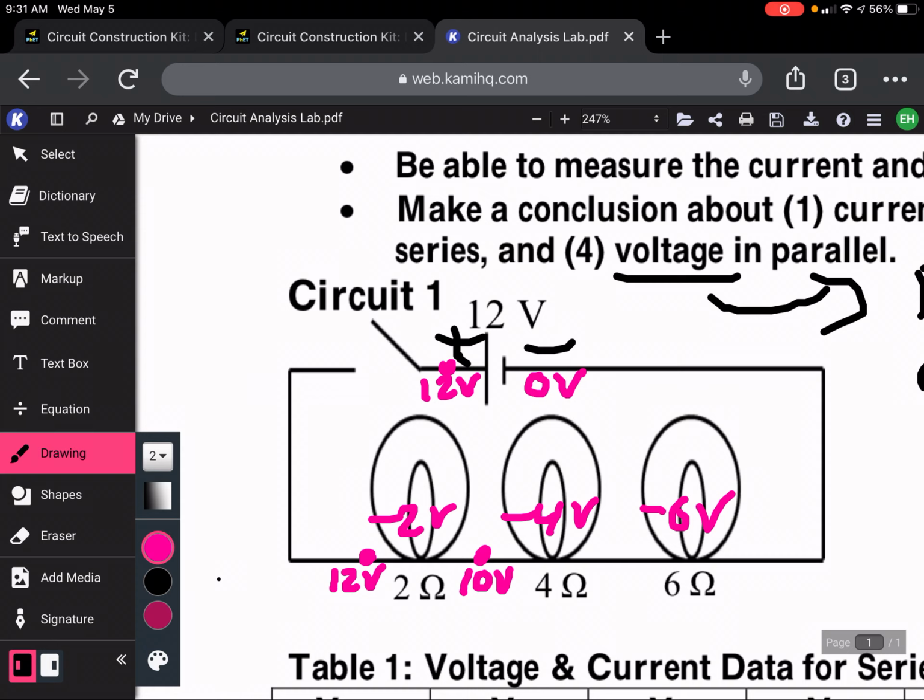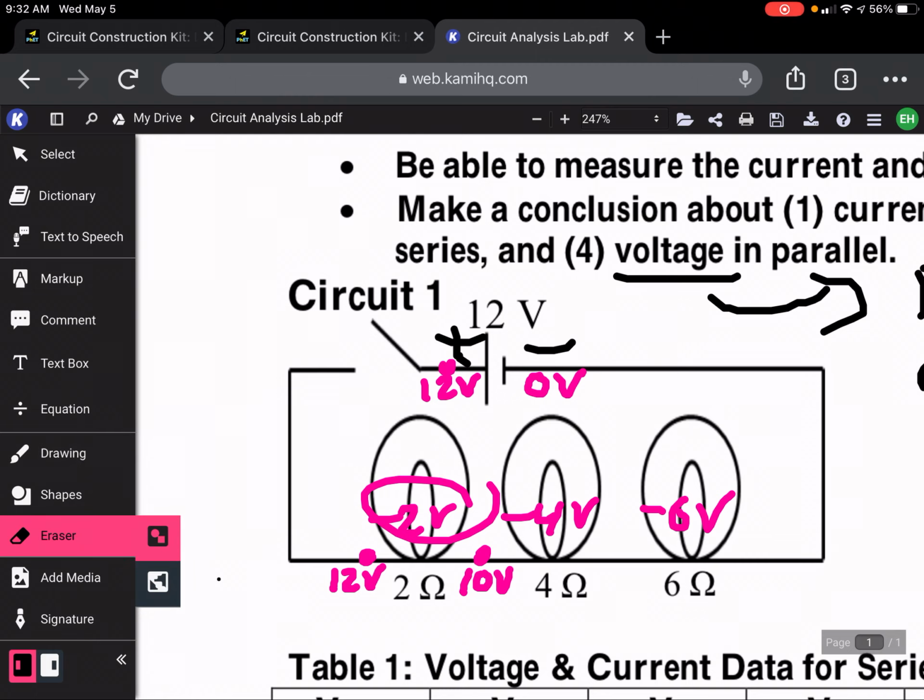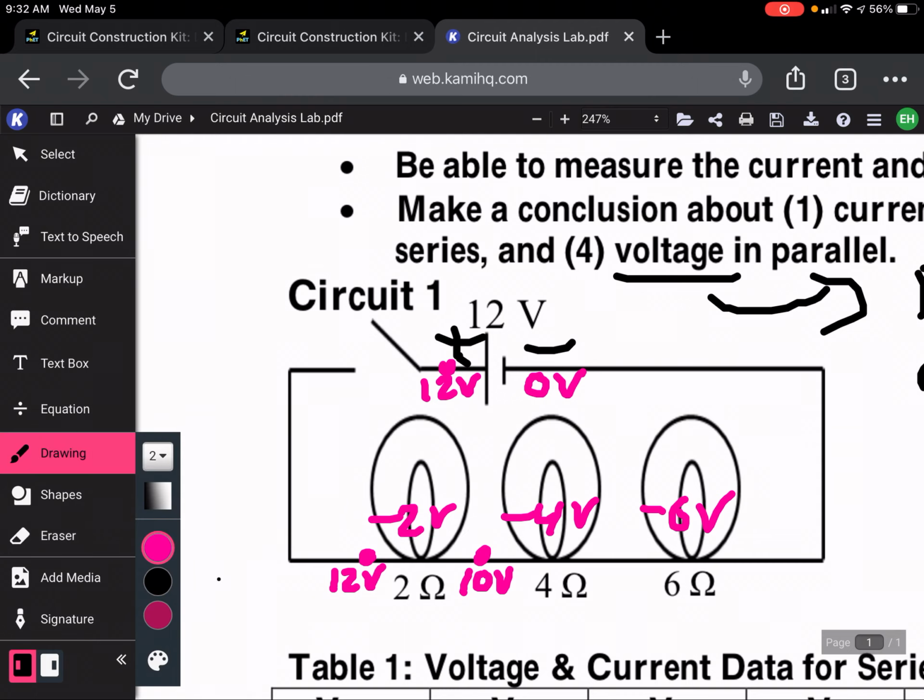Because what's 12 minus 10? It's the negative 2 volts. Same idea. If we subtract 4 volts across the second one, 4 volts from 10 volts leaves you with 6 volts. And then if you subtract the 6 volts across the third bulb, 6 volts minus 6 volts is 0 volts, which is exactly the same as we see over on this side over here.